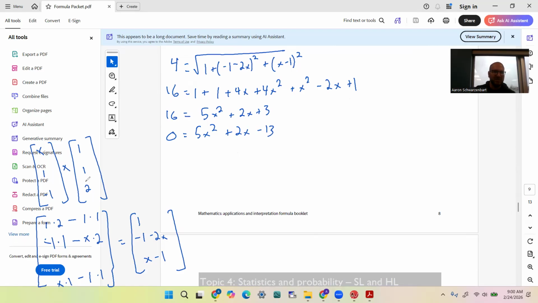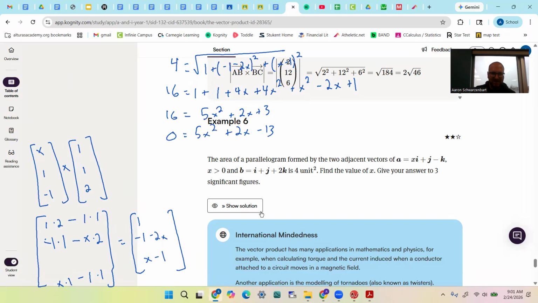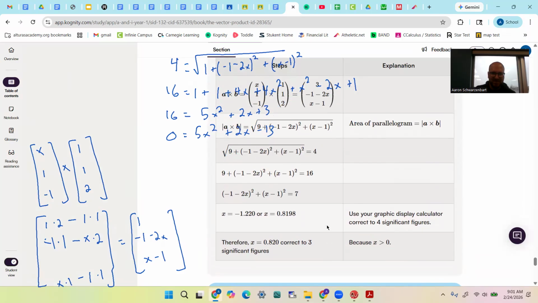And I would solve this by graphing because I don't feel like using the quadratic formula. I'm so glad that they didn't actually reduce down to a quadratic. I'll check that I get the same thing with my calculator.